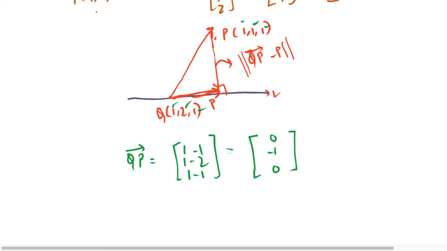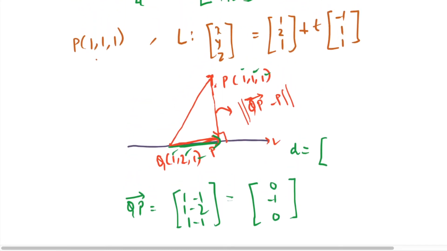And this vector p is the projection of vector qp on the line whose direction is d. So line L has a direction vector d, which is given by this, so d is equal to (-1, 1, 1).